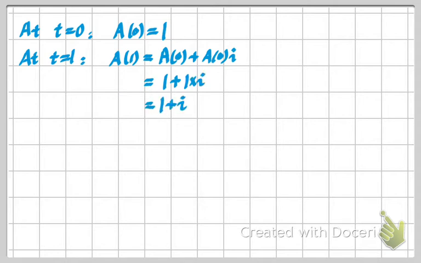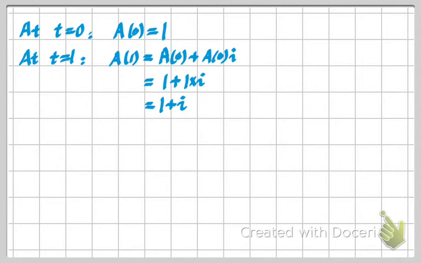Because the interest rate is i, this is 1, which is our A0, plus A0 times the interest rate. If we plug in A0 equal to 1 and plug in i as our notation, this is 1 plus 1 times i. In other words, this is 1 plus i. Okay, so this is what we have.